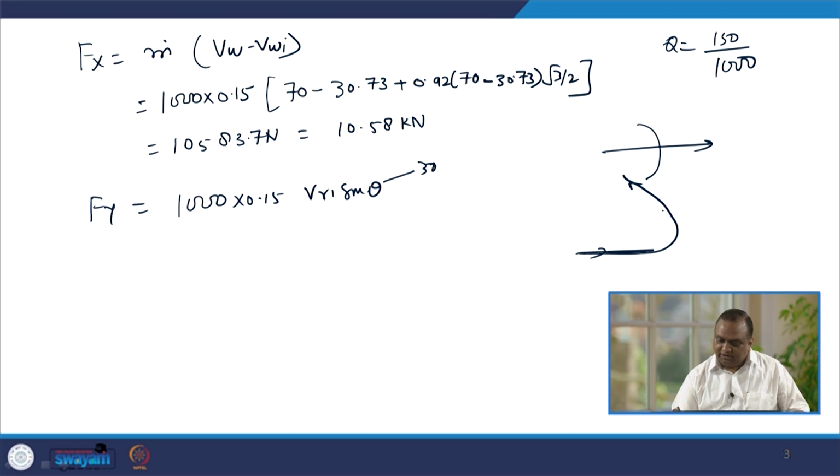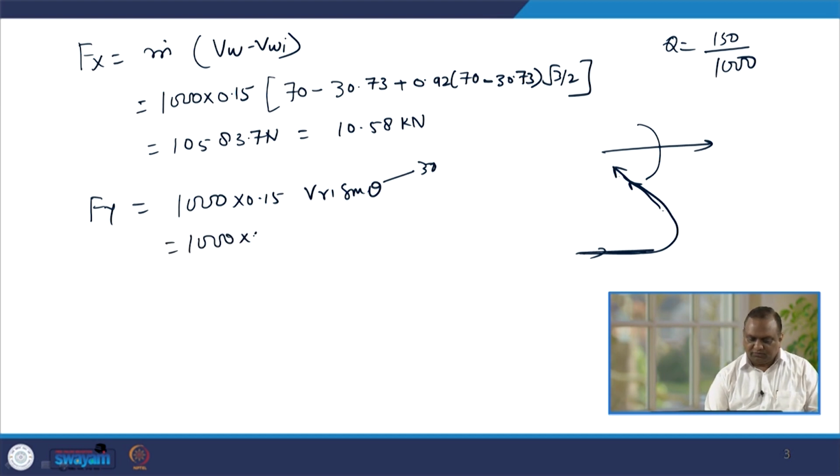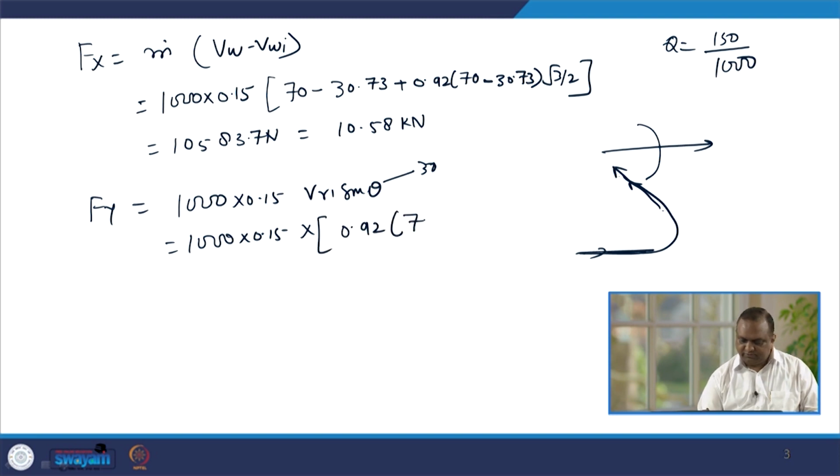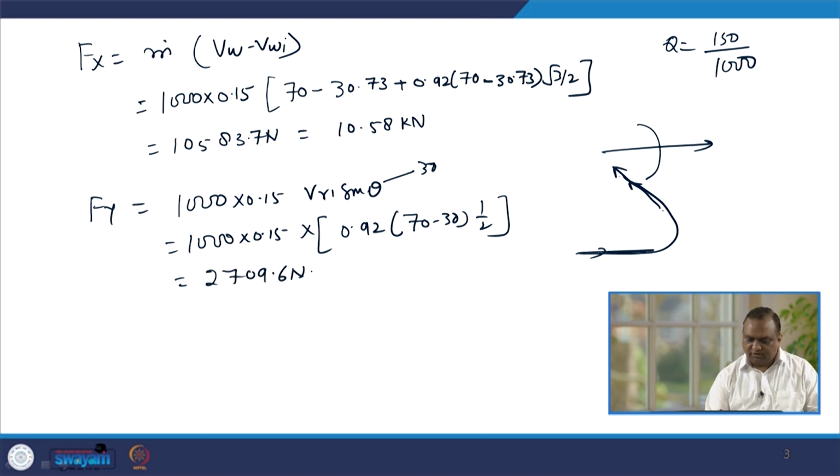The force exerted in y direction will be through the exit velocity only, or exit movement of the fluid only. Now again we will calculate 1000 into 0.15 into again 0.92, 70 minus 30, and sin 30 is half, and this will give the force 2709.6 Newton or 2.7 kilonewton in y direction.